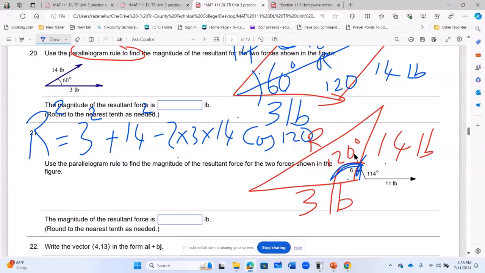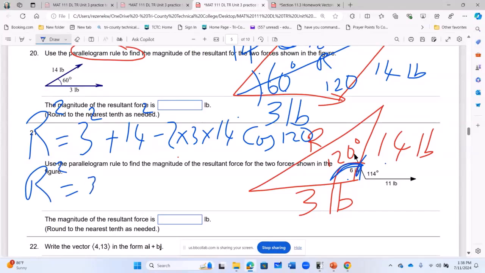Cosine of 120, by the way, 120 is in the second quadrant. Cosine is negative in the second quadrant. The reference angle in the second quadrant of 120 will be 180 minus 120, which is 60. So cosine of 60, we already know it is 1/2.